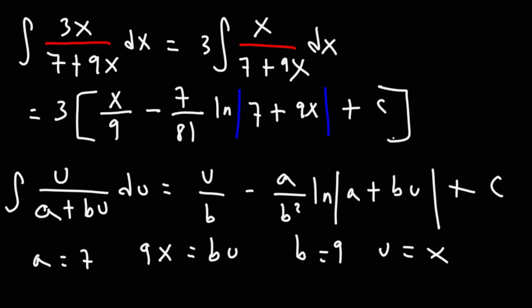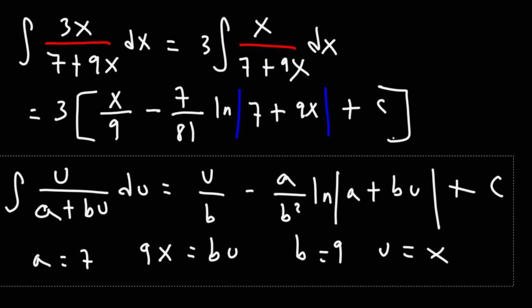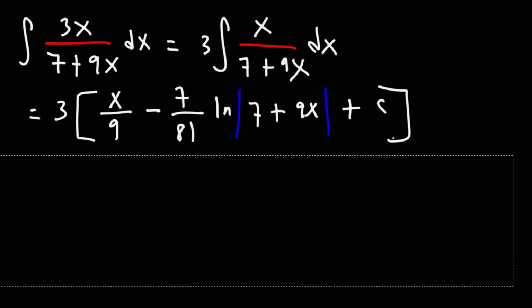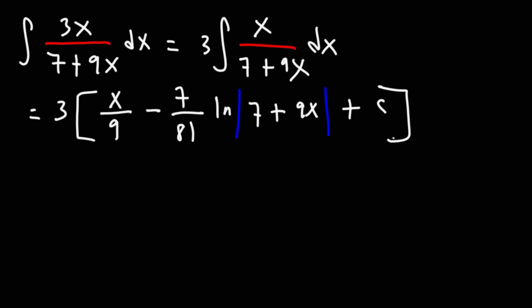Now, when dealing with the table of integrals and the formulas associated with it, I recommend that you verify your answer by taking the derivative of your answer and seeing if it gives you the original expression. So let's go ahead and do that. I'm going to distribute the 3 first before taking the derivative.